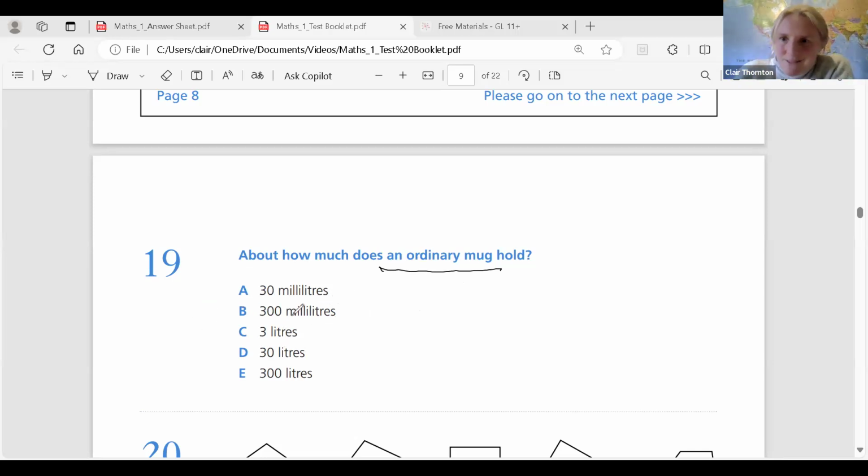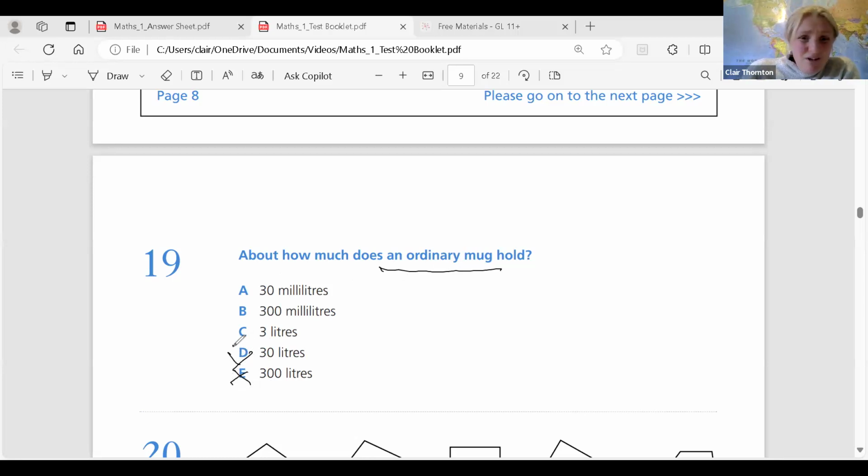Let's get rid of the silly answers. There's always going to be a silly answer in there. I think it's highly unlikely that my ordinary milk jug or whatever I'm going to think about is going to hold 300 litres. So therefore my ordinary mug is not going to hold 300 litres. That would be a lot, okay? That's a silly answer I can get rid of. 30 litres also to me sounds a bit much, okay?